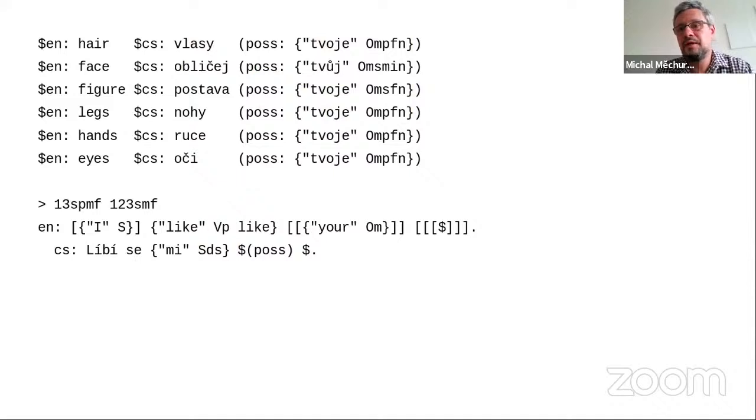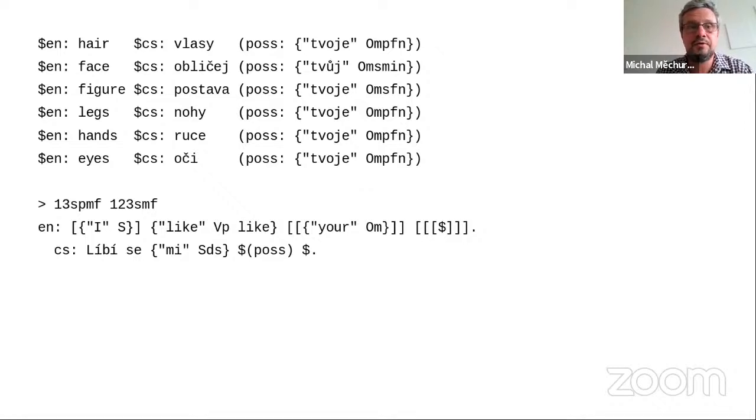Another thing that we are able to do with this formalism is that the individual vocabulary items in these dollar lists can have properties, right? So we can use that for example, possessive adjectives or possessive pronouns that go with them. So on the English side, we have a sentence like, I like your hair, I like your face, I like your eyes, right?